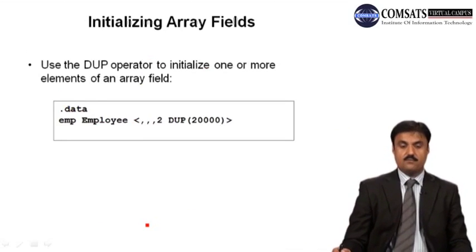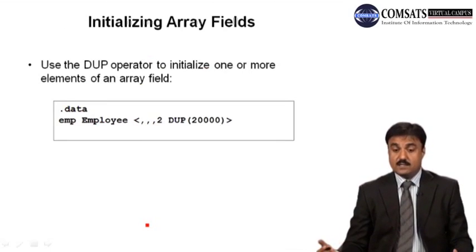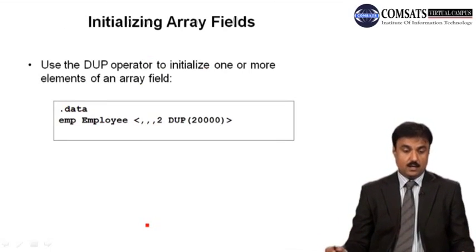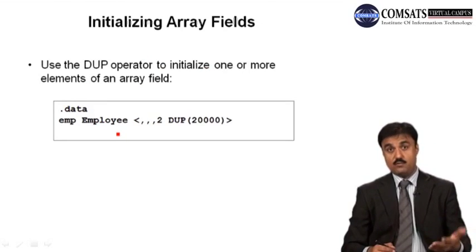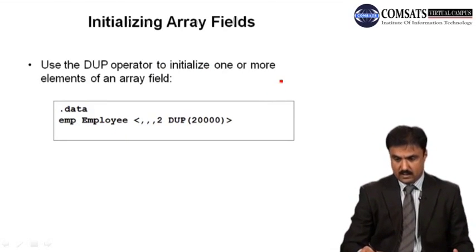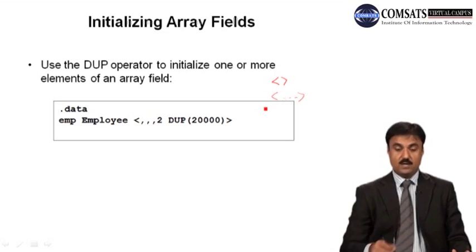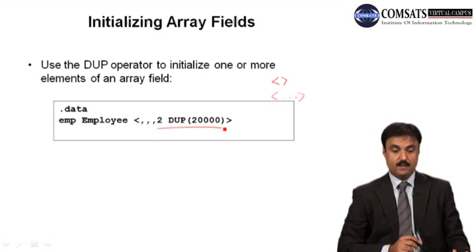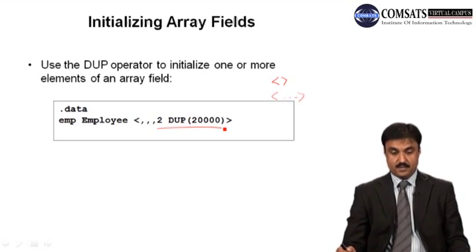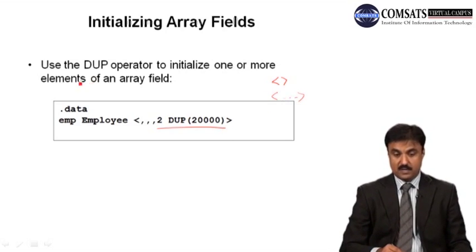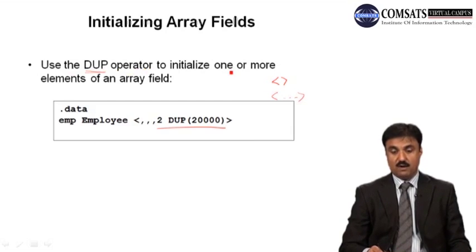Here you can see we can initialize array fields. Previously you saw how we can initialize by using empty angle brackets. You can define any values inside these angle brackets. However, if you want to define the employee array, you can use the duplicate operator to initialize one or more elements of an array field.